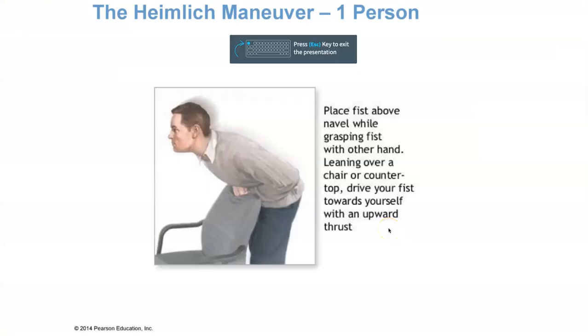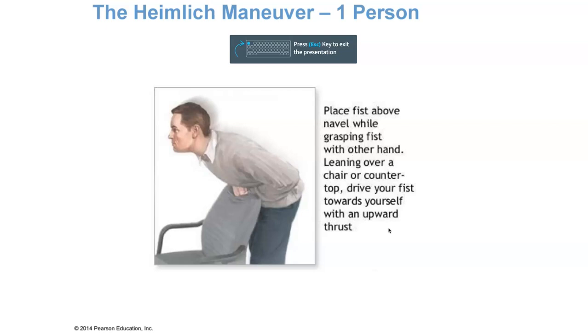So the Heimlich maneuver, if you are ever by yourself and you start to choke, the worst thing that you can do is panic, because if you are fully choking and you cannot move air, when you panic, you are going to use up your reserve. So the best thing that you can try to do is stay calm. And I know that's easier said than done. So what you want to do, you want to find some type of object.